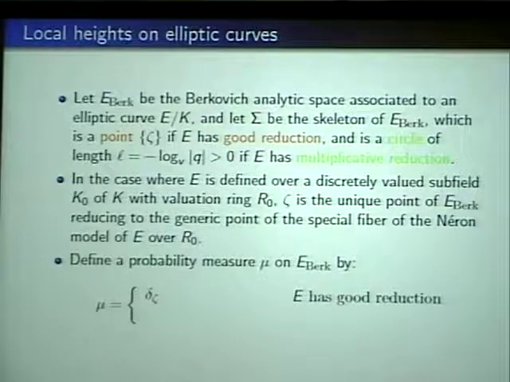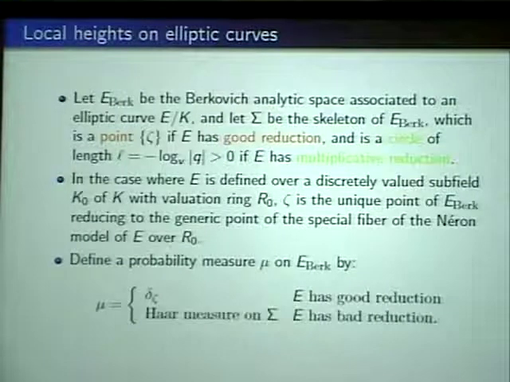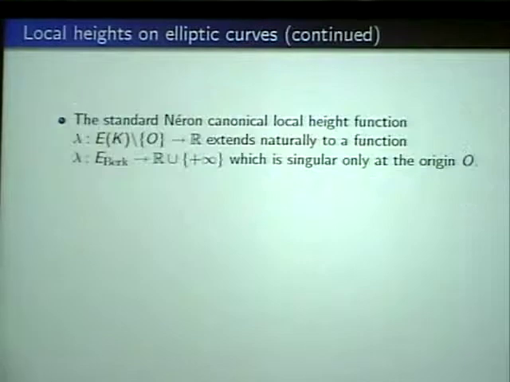There's a canonical probability measure on this Berkovich space, namely a point mass at this Gauss point in the good reduction case, and Haar measure on the skeleton in the bad reduction case. So you just take the uniform measure on the circle or a point mass at that point, depending on which case you're in.